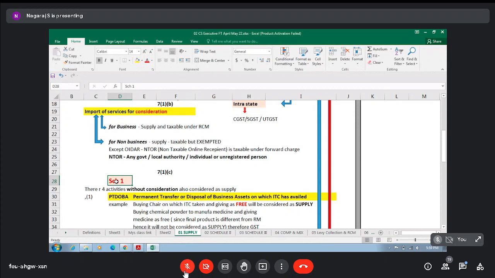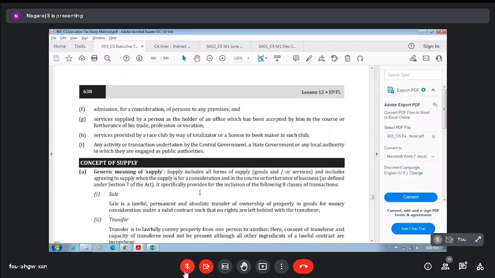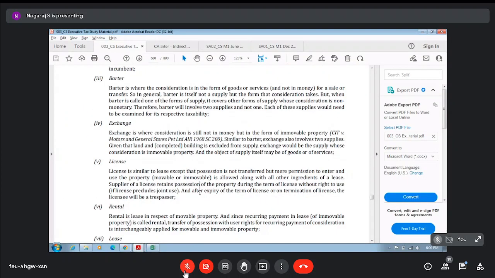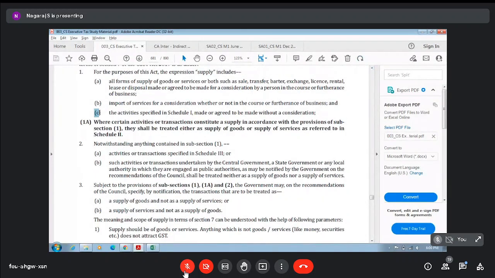Even without consideration, if you supply something, then it is also chargeable to tax under GST. Okay. This is the one.